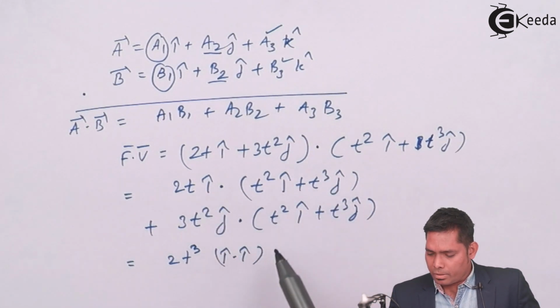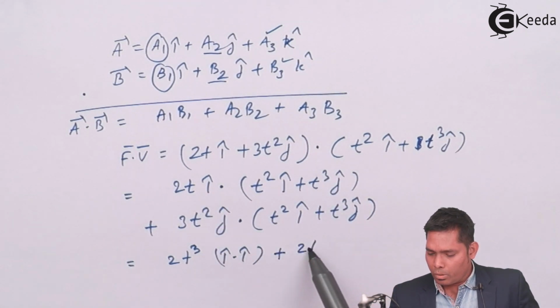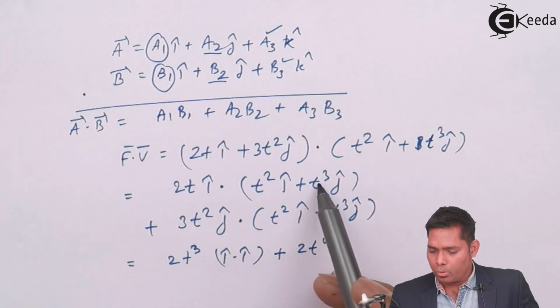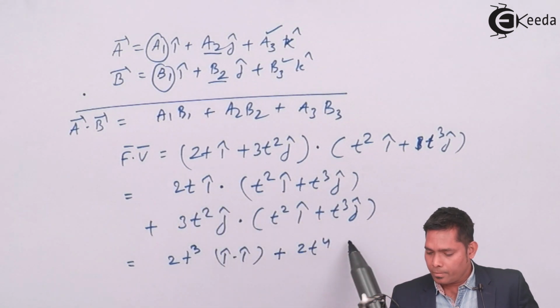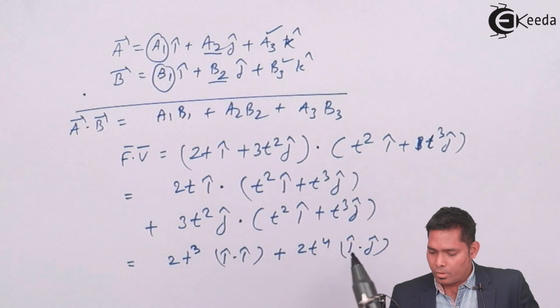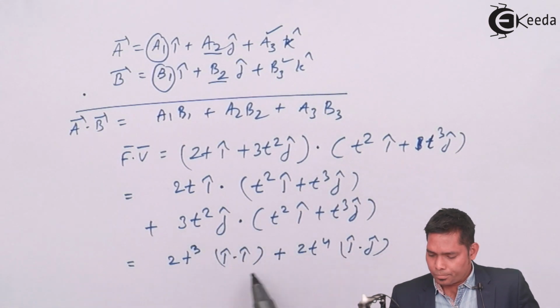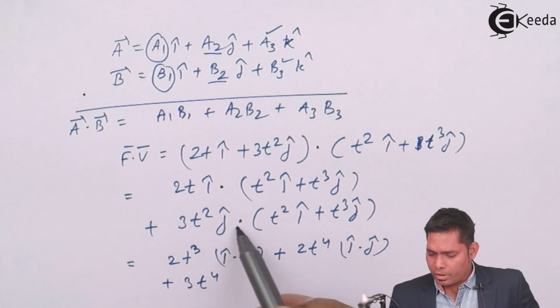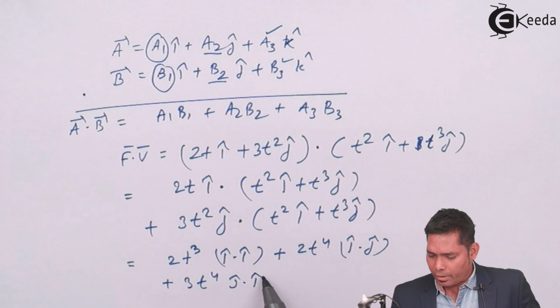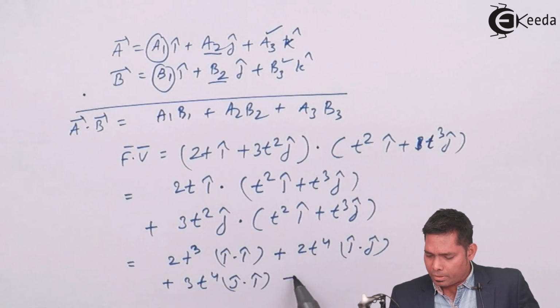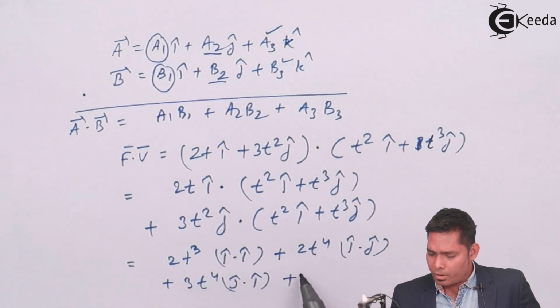Similarly 2t and t³ give 2t⁴ i dot j. This one gives plus 3t² and t², 3t⁴ j dot i, plus 3t⁵ j dot j.